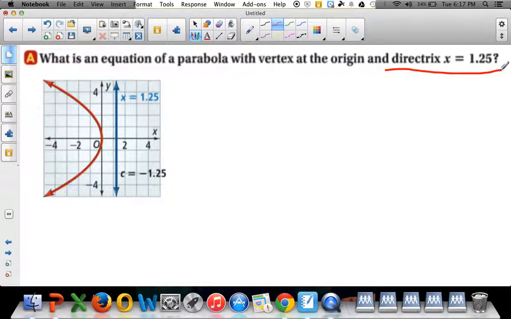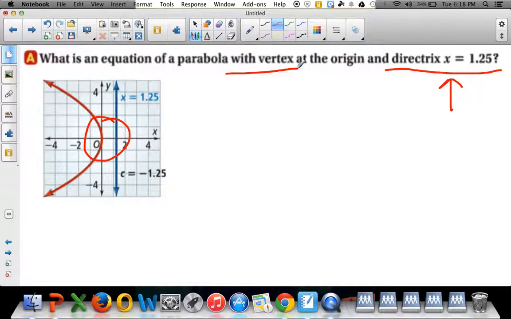This is also a horizontal parabola, judging by the x equals 1.25. I can tell by the picture over here and by what it said in the question that it is at the vertex.